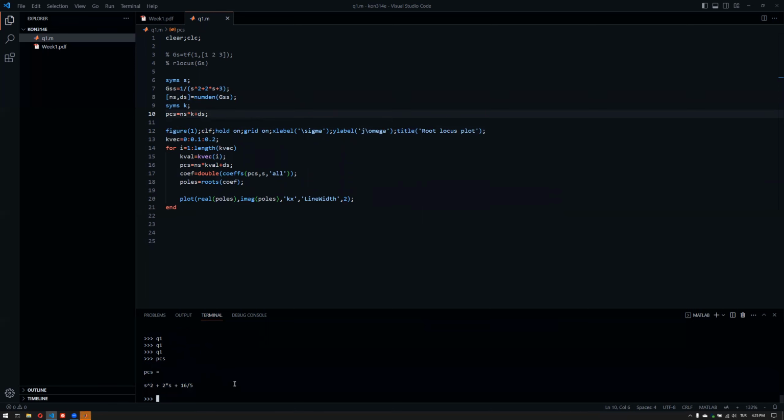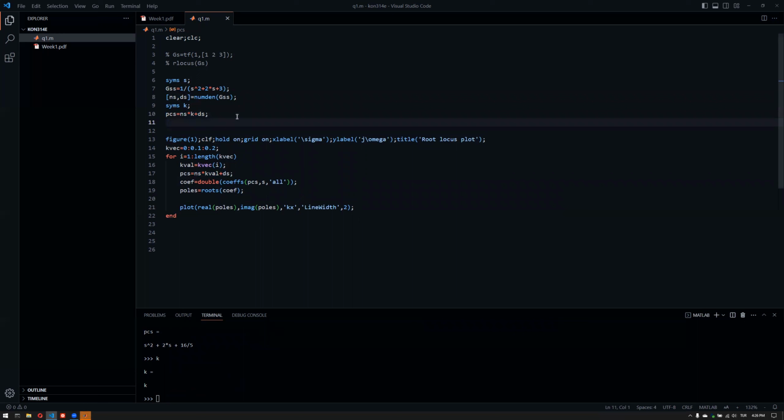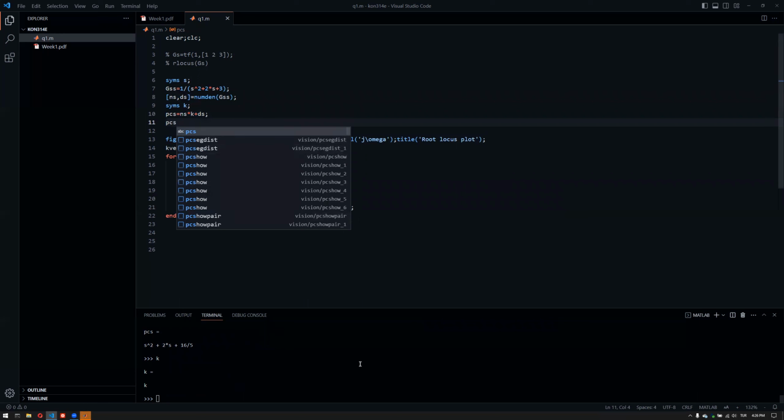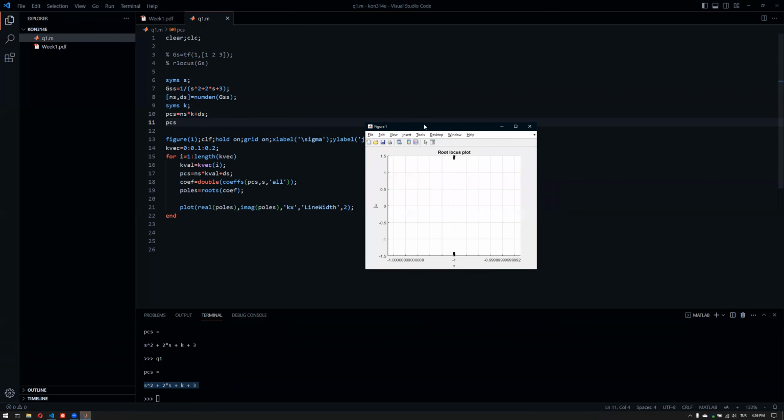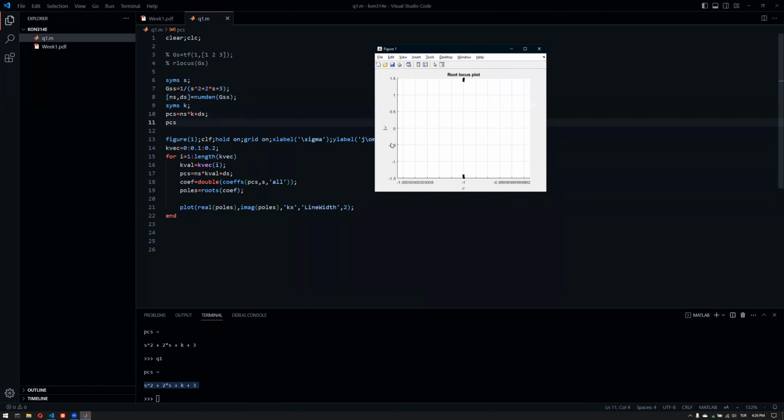Actually, K has a value, I guess. No. Oh, we're overriding that, so I should write down PCS. There we go. This is basically our PCS, and we're evaluating this polynomial for the values of K that we have here.